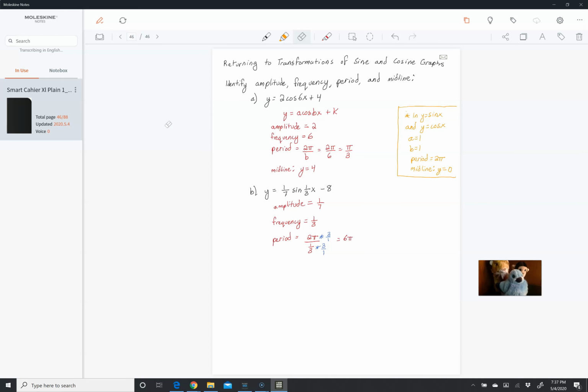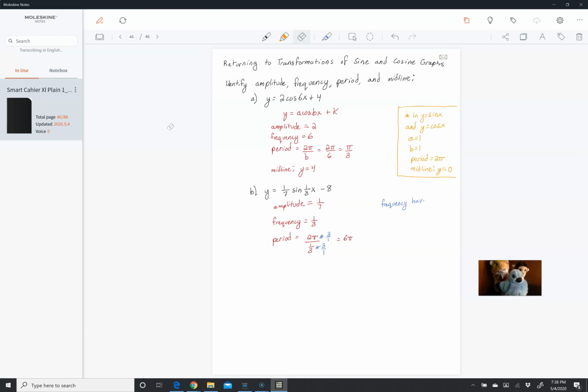Which kind of makes sense. If our frequency is getting smaller, we're saying fewer waves fit between 0 and 2 pi, so our wavelength should be getting greater. Another note is that frequency and period have an inverse relationship.